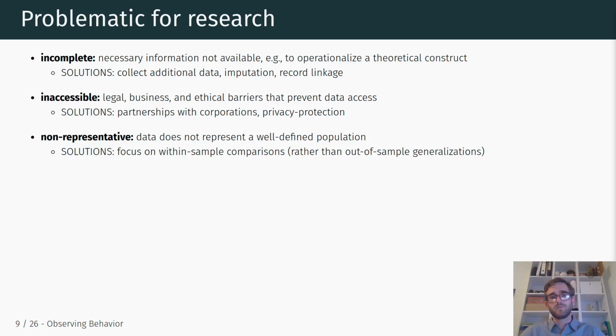One important difference, when we think about lab experiments, is that we don't necessarily need a representative sample in our experiment, because what we're trying to do is learn something about an underlying causal mechanism.